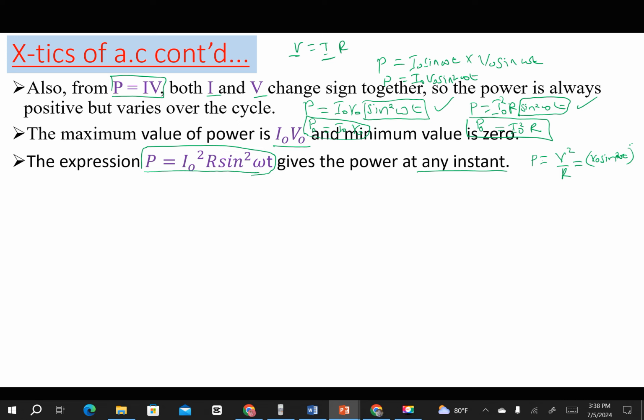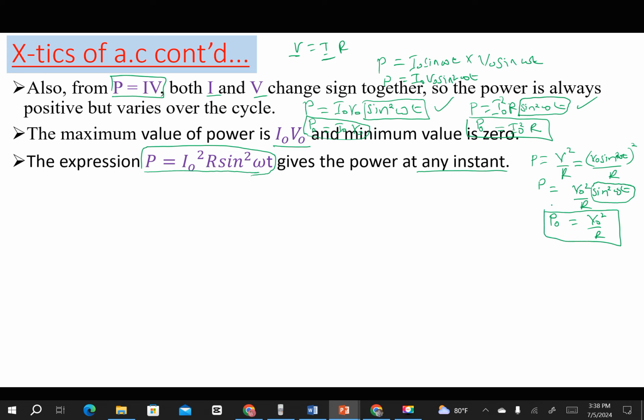But this should be squared because V is squared, then divide this by R. So the power here is going to be equal to V naught squared sine squared omega t, divided by R. So we can also argue that the maximum power P naught, because maximum power occurs when sine squared omega t is equal to 1, can also be V naught squared divided by R as the maximum power.